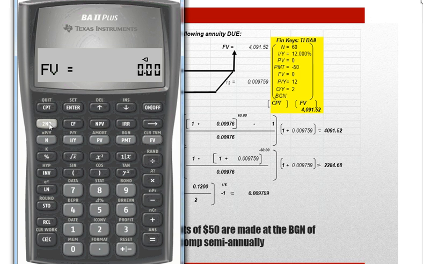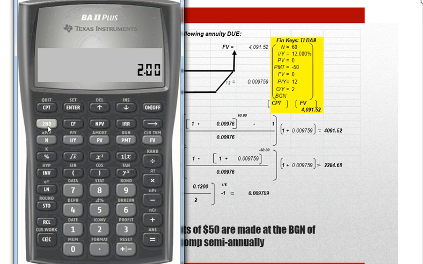Then we go to second function, I over Y, and we have 12 payments per year, so that's fine. And then we scroll down to C over Y, we have to override that. We have to put 2 as compounded semi-annually, enter.